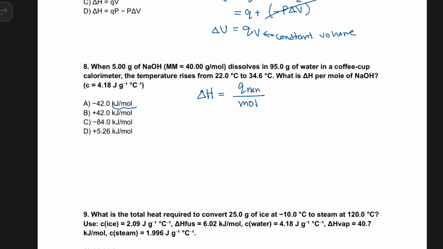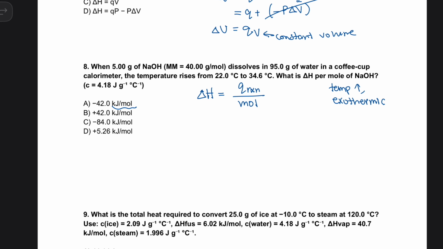And then I'm going to look at the temperatures. So we have an increase of temperature. And then when the temperature increases, it is an exothermic reaction because we're releasing energy.